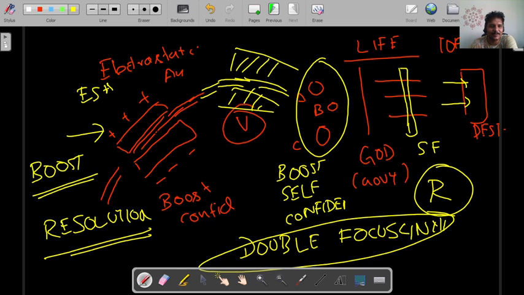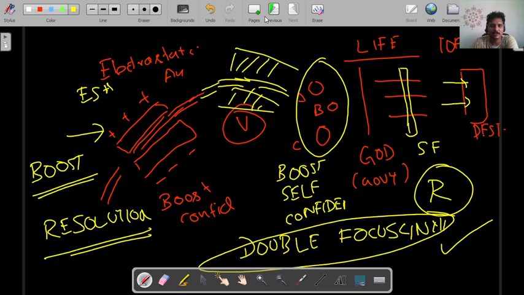That is the underlying principle of the double focusing mass spectrometer. You are boosting it initially using an electrostatic analyzer, thereby it travels one more step to reach the destination.